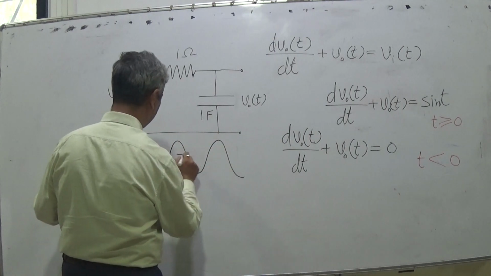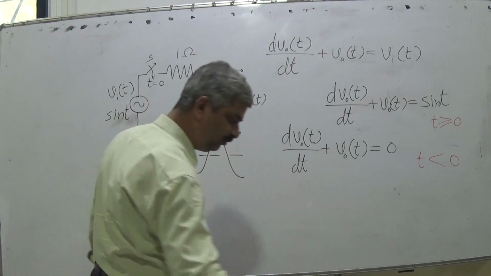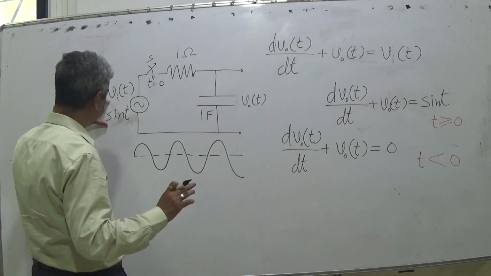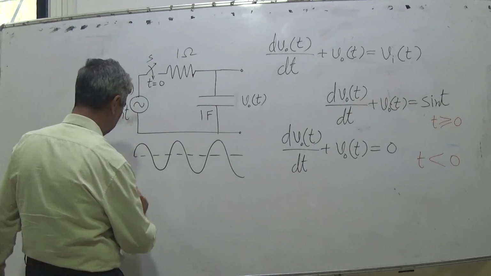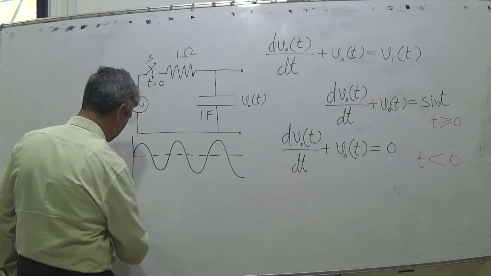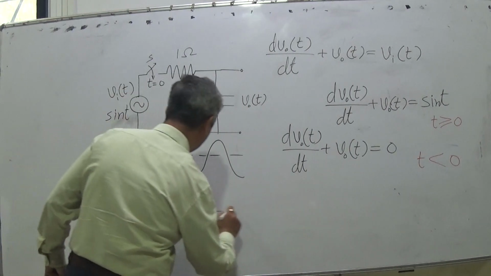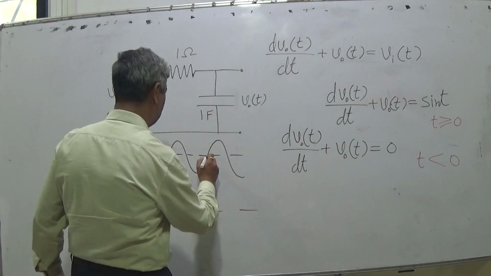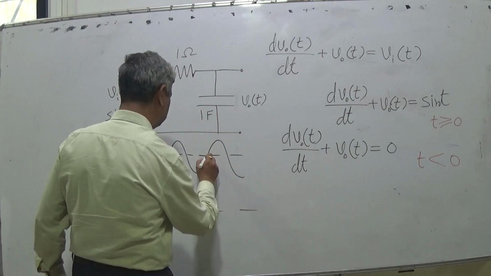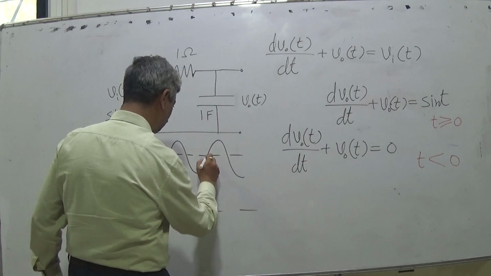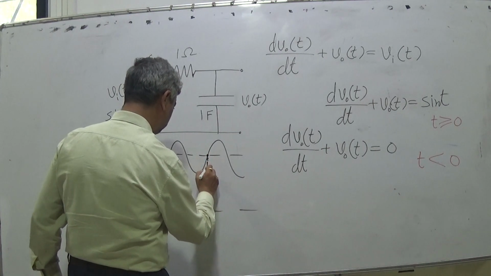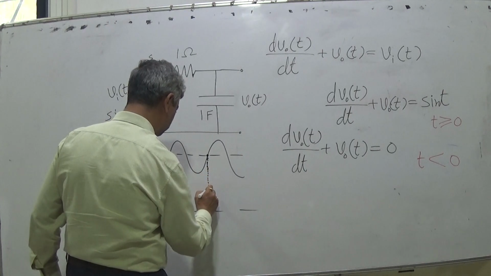Sin t is the input voltage. What I am doing means this generator is there, generating voltage prior to also. Absolute zero is not possible. So at some time I close the switch, and I choose the value where sin t, that is the voltage, is 0.